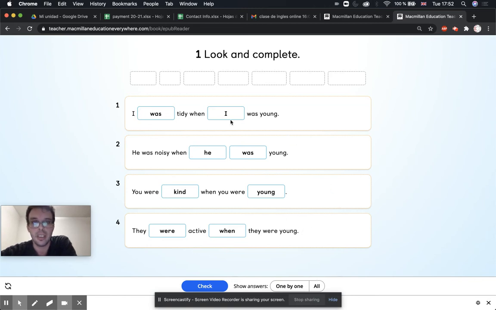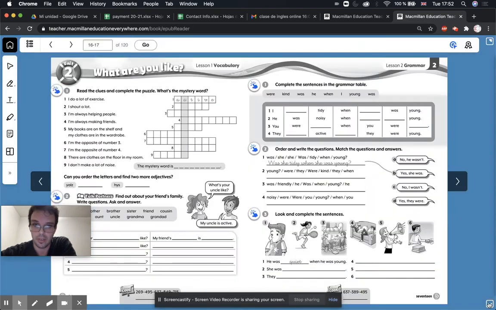Okay? So make sure you have all the answers written correctly in the book. All right? Very good. Okay. So these are basic phrases, okay, using was and were.